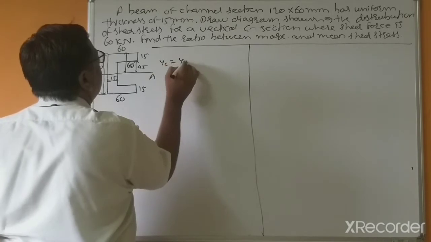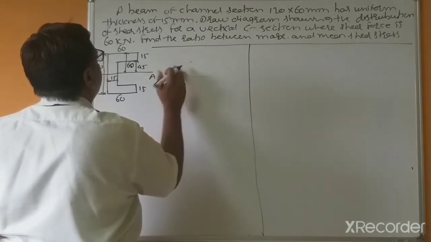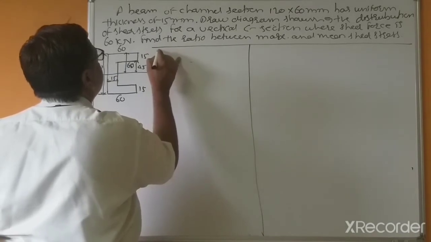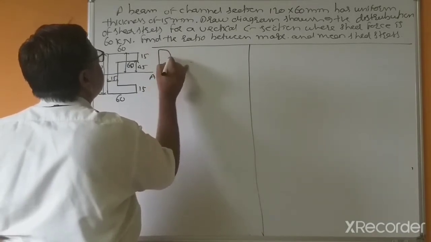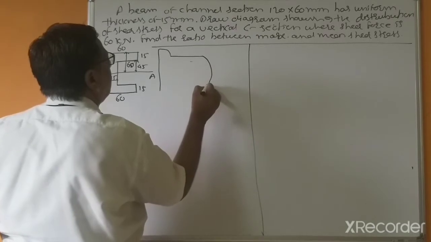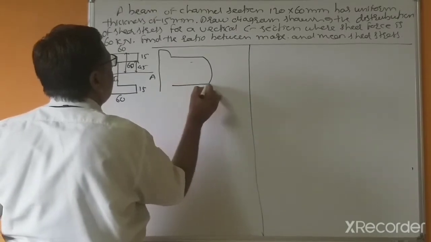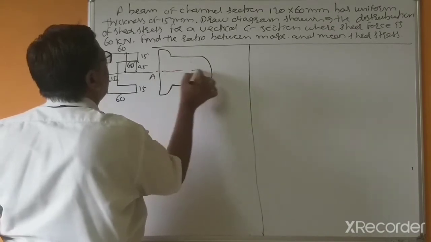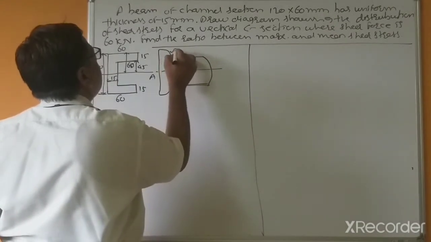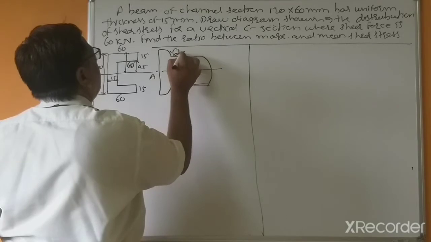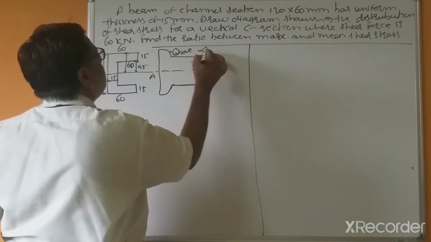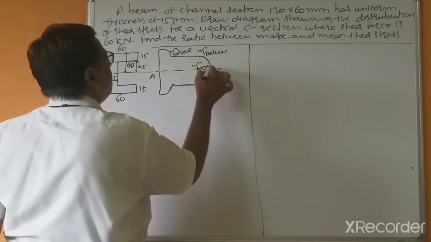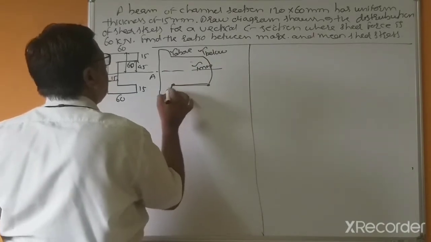So that's why YC equal to YT. We will keep this space for the distribution of the shear stress diagram, because this is shear stress above, this is below, this is maximum shear stress, same here also.